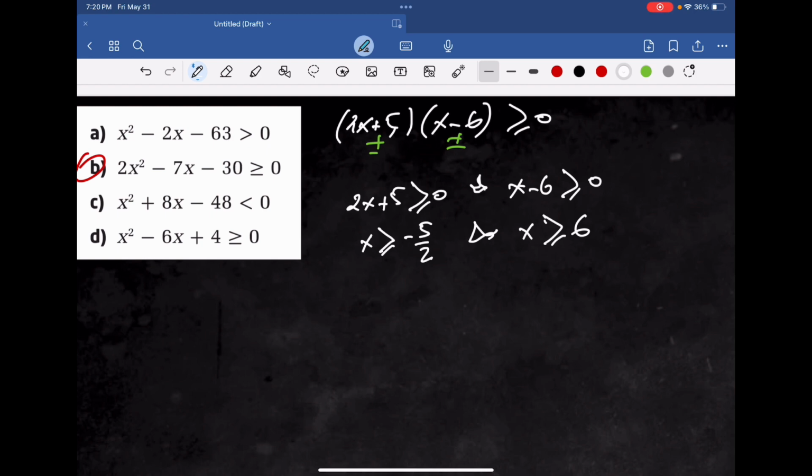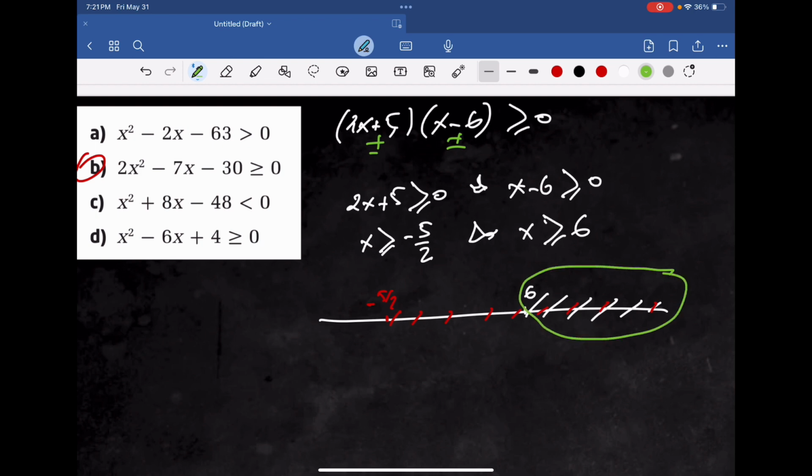If you draw the line as usual, this is my 6, and x is greater than minus 5 over 2. The area where I have both of them is this area. So the answer for the first case is x is greater or equal than 6.